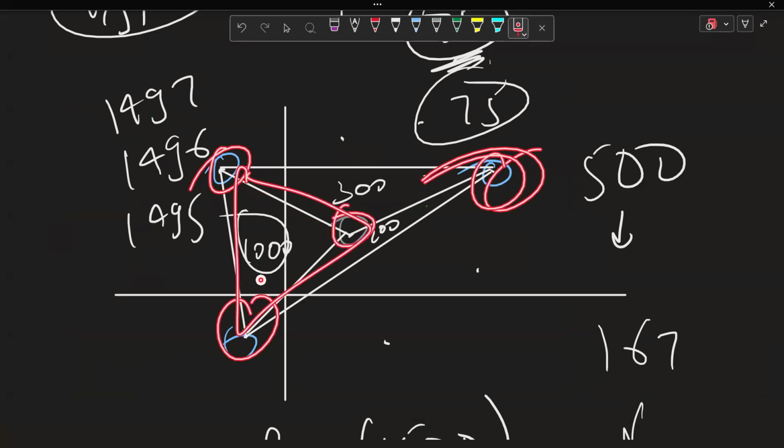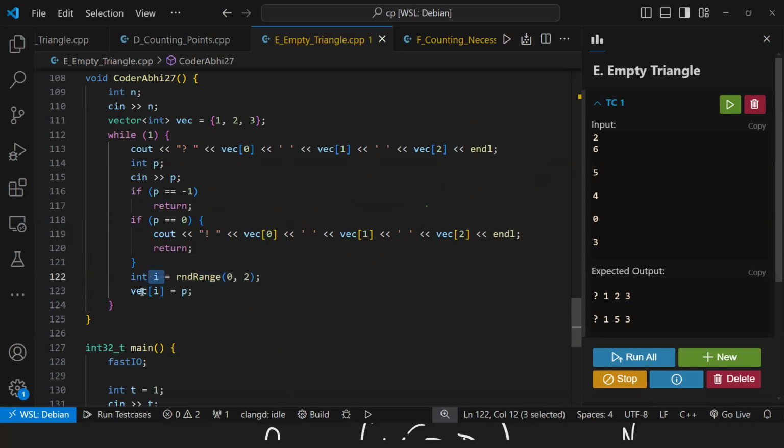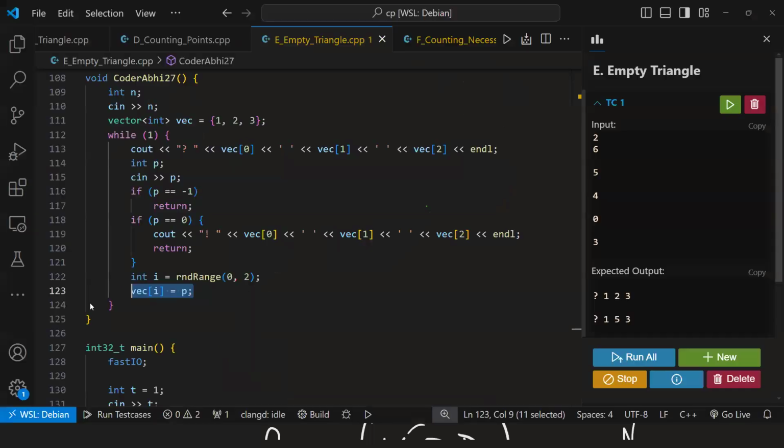So I have to replace any one of these 3 points by this point P. I'll select a random index i and replace that with P. That way I do the replacement, and then in the next query I'll do the query with the new triangle. This way, in at max 75 queries, I am always getting to the answer. So this code was accepted.